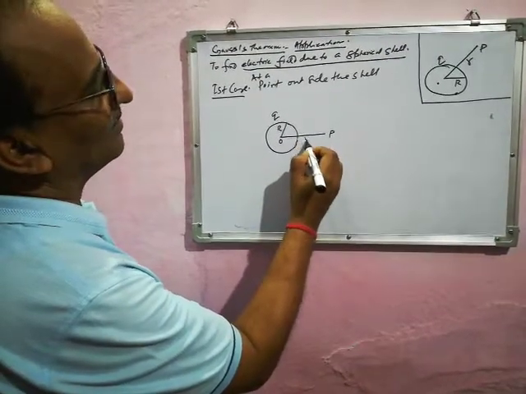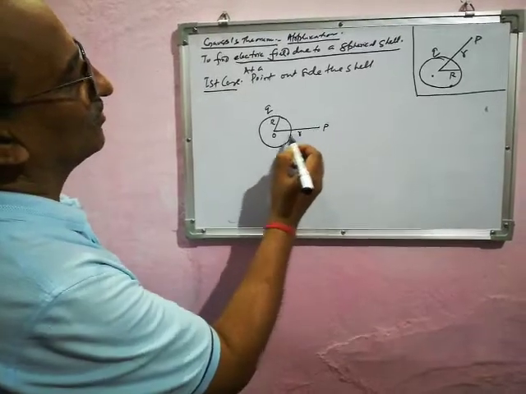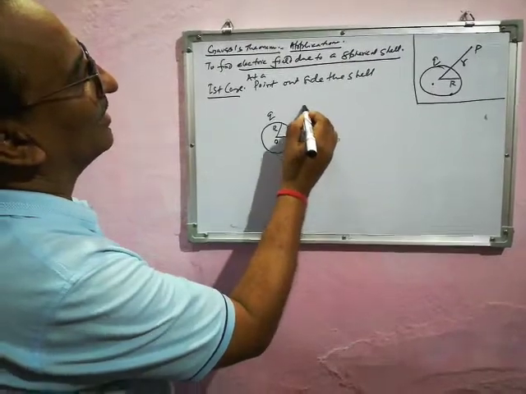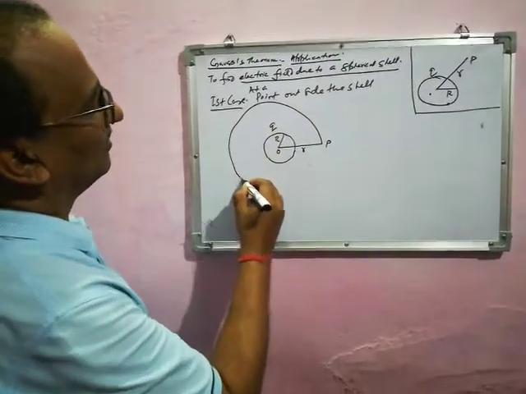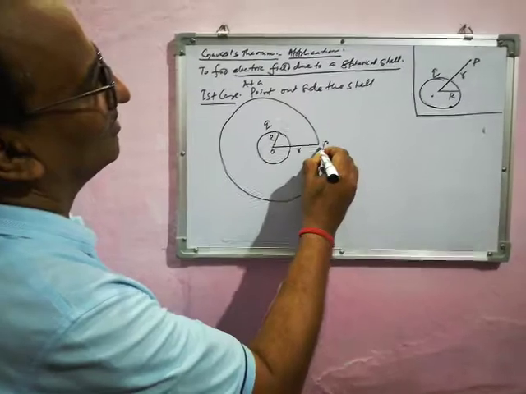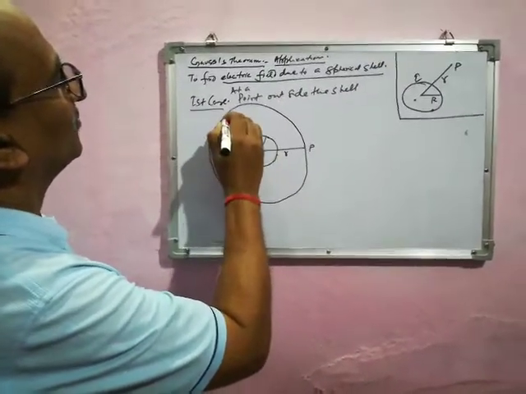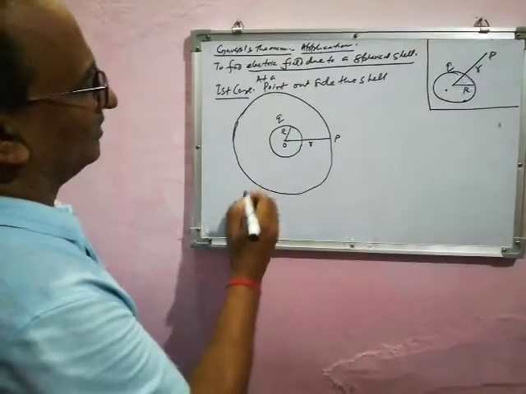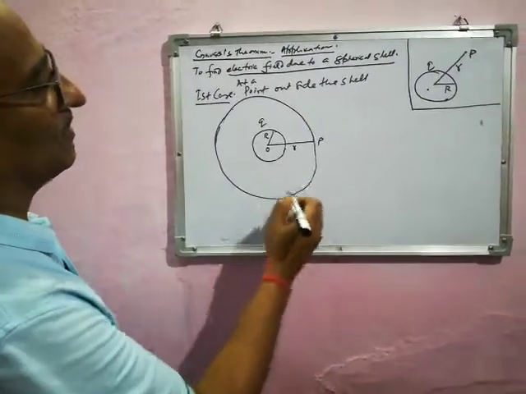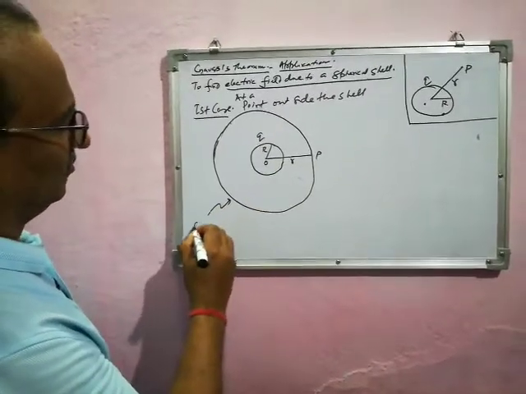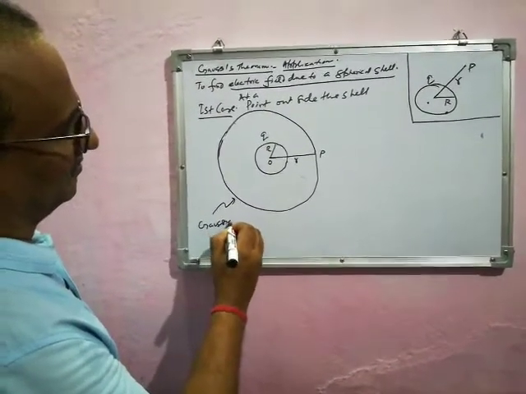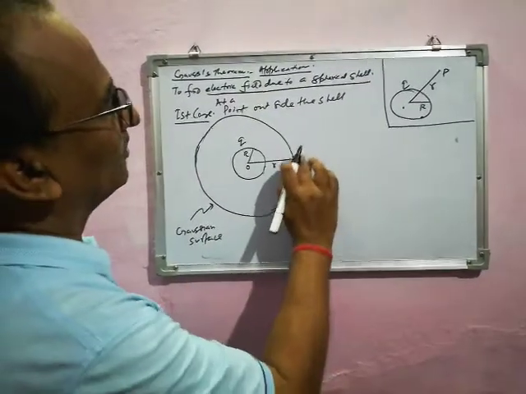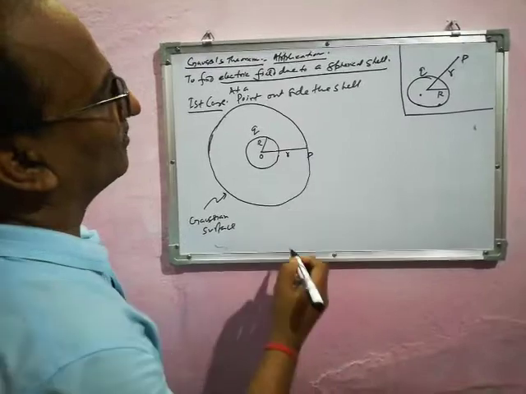It is at a distance r from the center. So taking O as center and r as radius, a concentric spherical shell is drawn as Gaussian surface, and at the point P we have to deduce the expression of electric field.